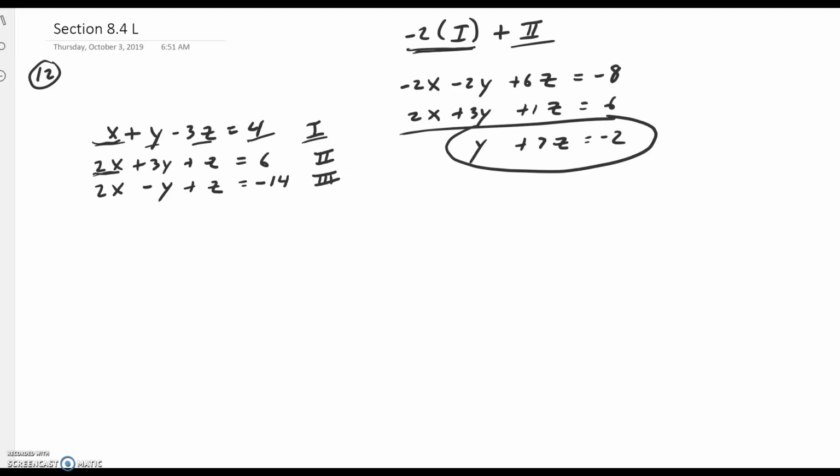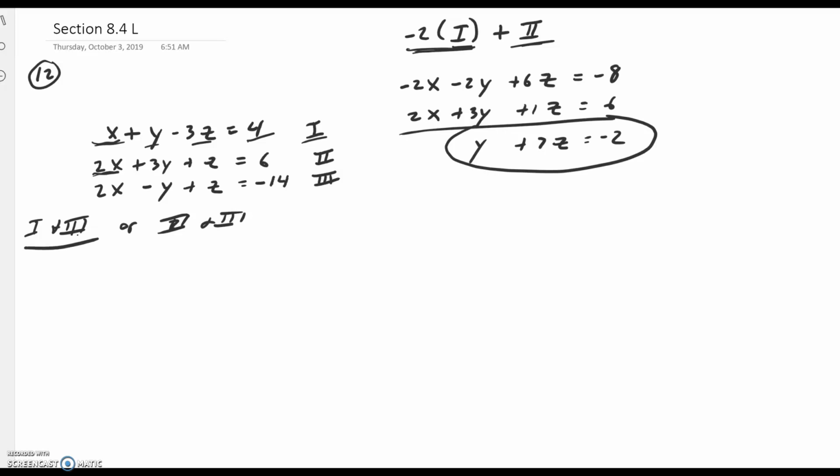So now I'm going to generate another equation, and I first used 1 and 2, I could use 1 and 3, or I could use 2 and 3. Either one. So I'm going to use 1 and 3.